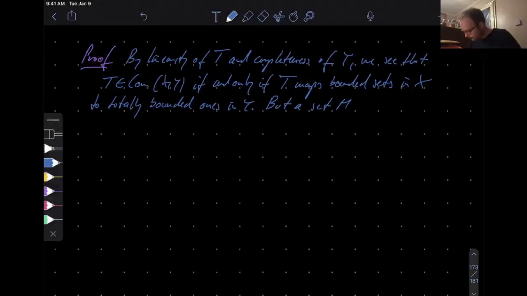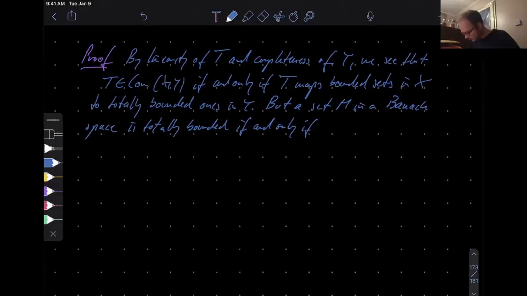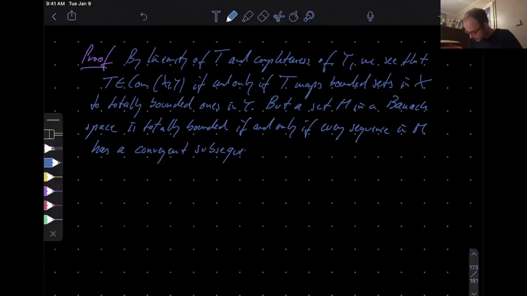A set M in a Banach space is totally bounded if and only if every sequence in M has a convergent subsequence with limit in M, right?